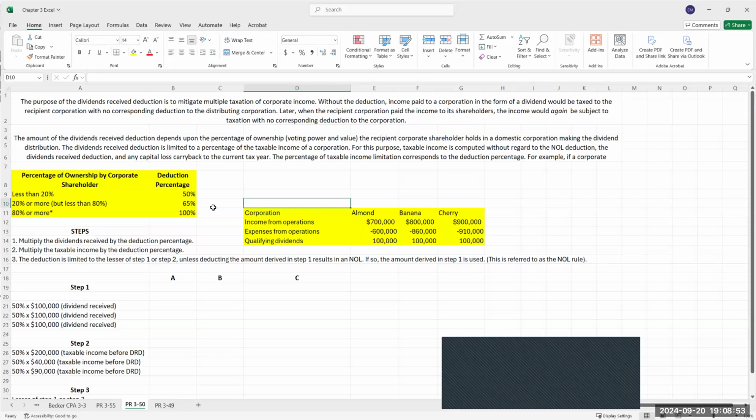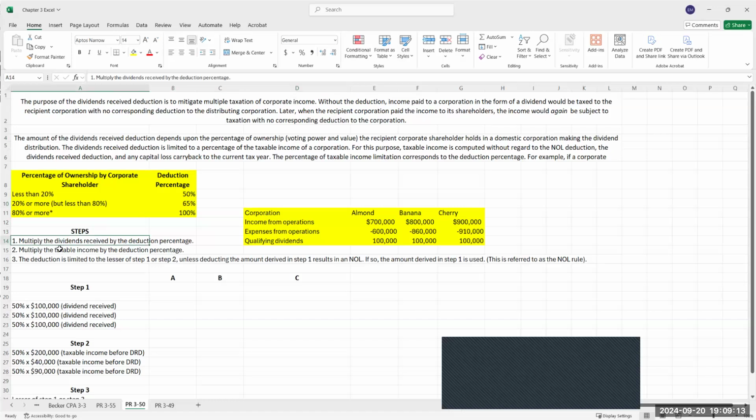For this purpose, the taxable income is computed without regard to the dividends received deduction, or any capital loss carried back to the current year. The percentage of the taxable income limitation corresponds to whatever the deduction percentage is.